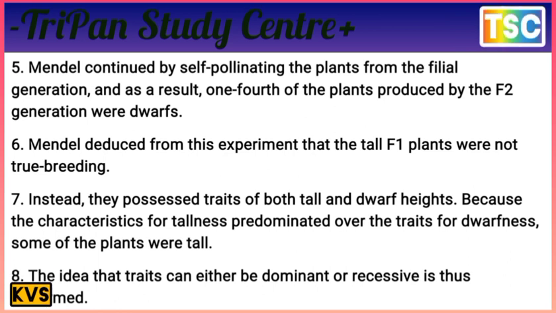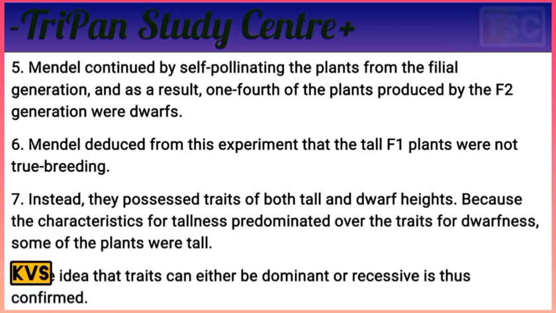Mendel continued by self-pollinating the plants from the F1 generation, and as a result, one quarter of the plants produced in the F2 generation were dwarf. Mendel deduced from the experiment that the tall F1 plants were not true breeding.